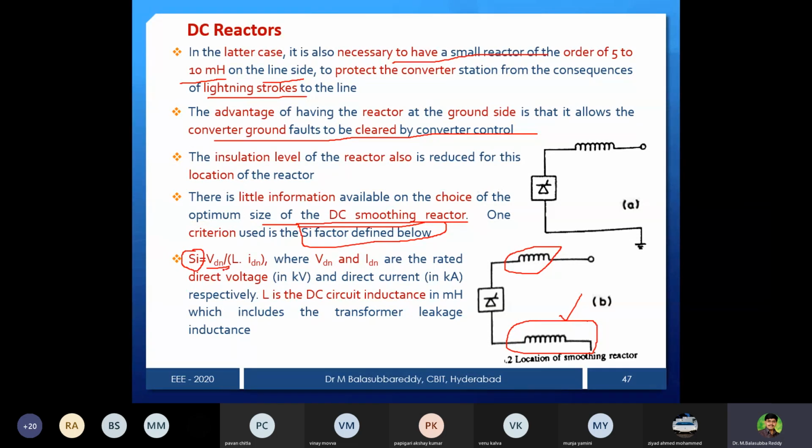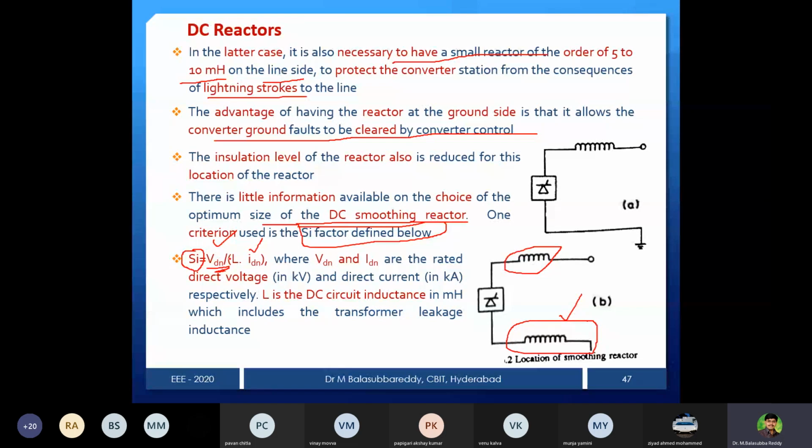That factor is VDN by L into IDN, where L is the DC circuit inductance in millihenry, VDN is the direct voltage or rated voltage in kV, and IDN is the direct current.